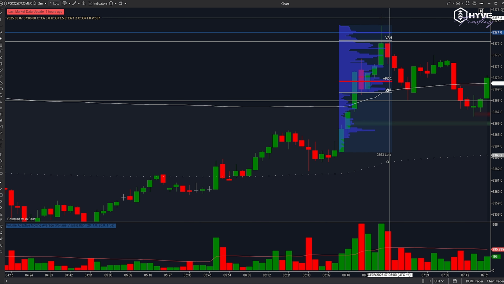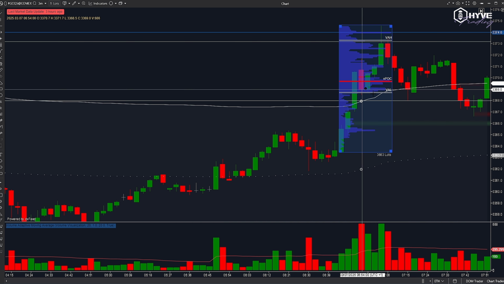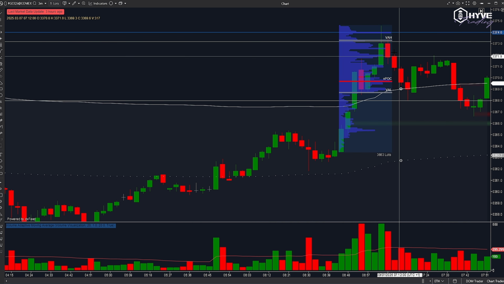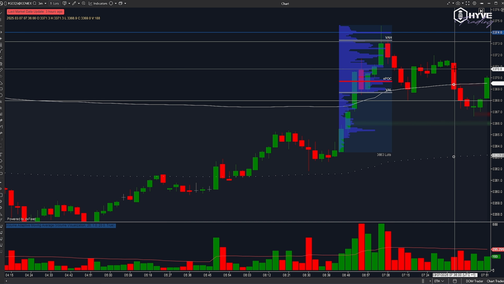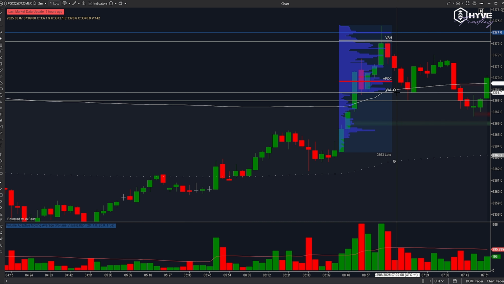So that value area is essentially where the most buying took place. Out of all this buying cluster that we saw here, the most buying took place right around this area. And you can see sellers eventually successfully broke below that value area low.